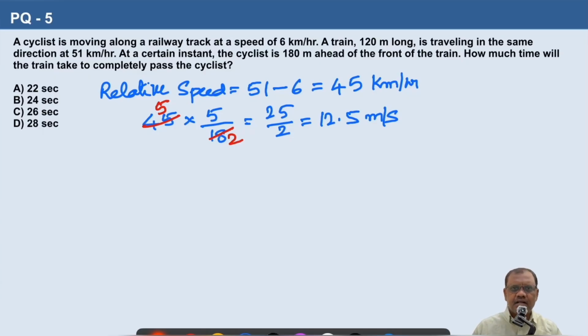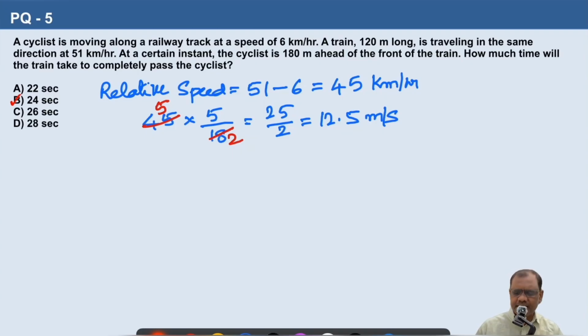So for the train to cross the cyclist, it should go forward by a distance of 120 meters, because already there is a distance of 180 meters. The cyclist is 180 meters ahead. So it should cross that distance and also the length of the train. The length of the train is 120 meters.